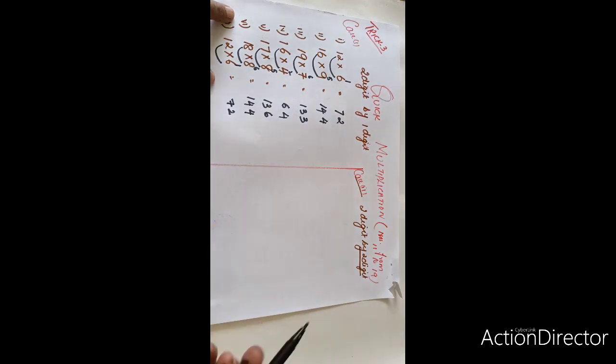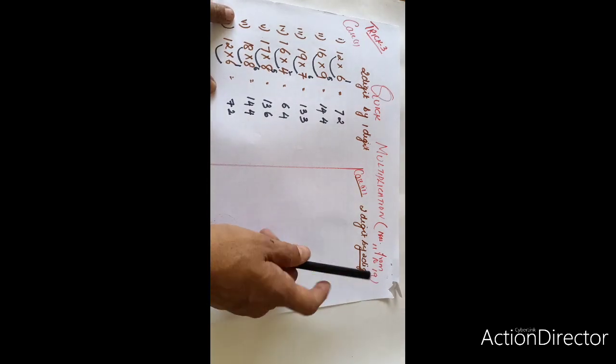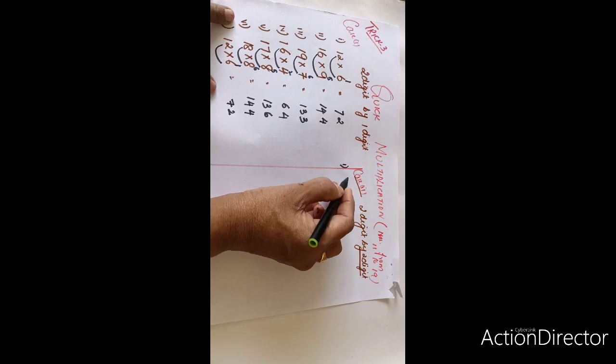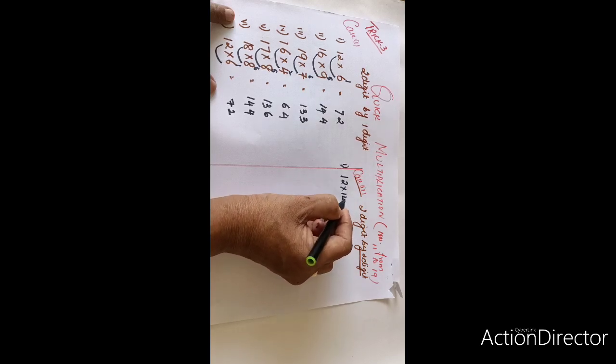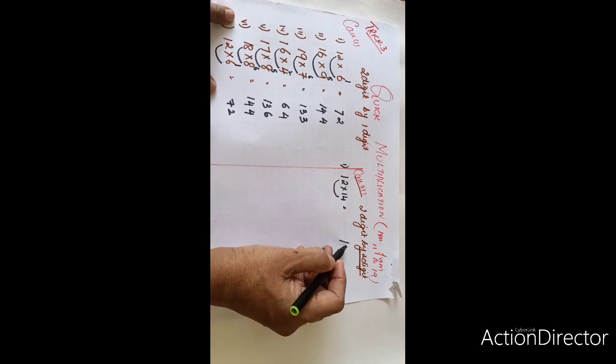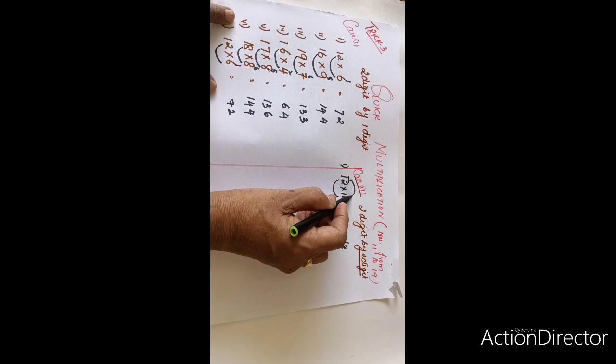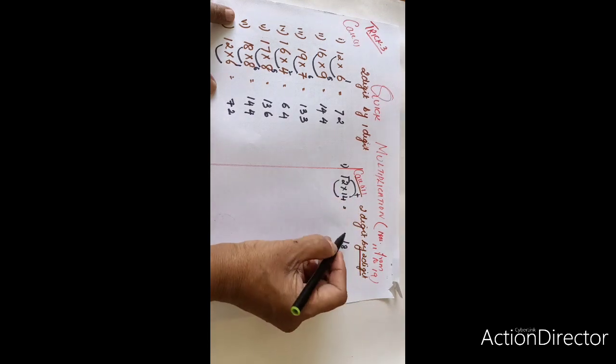Now let us move on to case number 2, where a 2-digit number is multiplied by another 2-digit number. So first one will be 12 into 14. First step, you multiply 2 into 4, 8, and here I am going to add 12 plus 4. So 12 plus 4 is equal to 16.